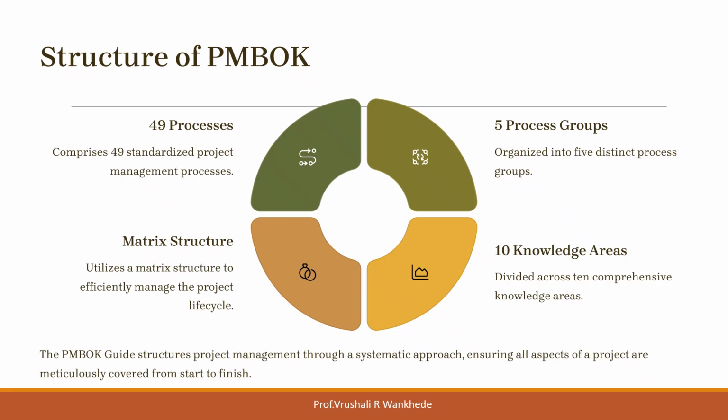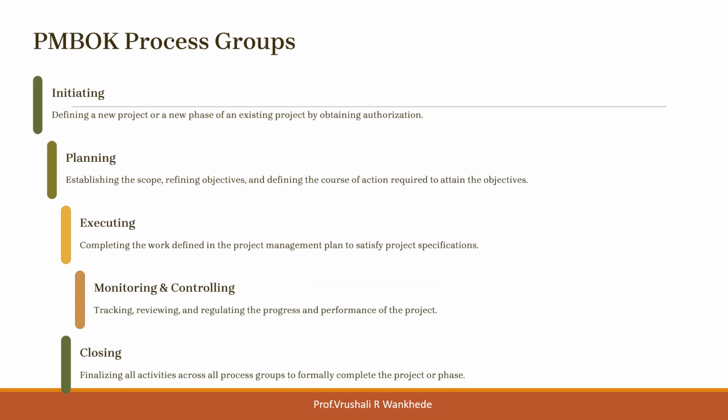This PMBOK is based on the different types of processes and knowledge areas, and based on that the complete structure is formed. If anyone wants to learn about PMBOK, they should know all of these: the 49 processes, 5 process groups, knowledge areas, the matrix structure, and how the project life cycle should work. That comes under the PMBOK.